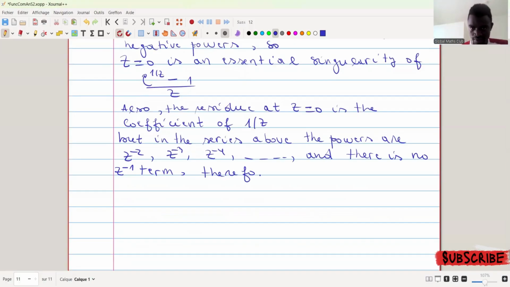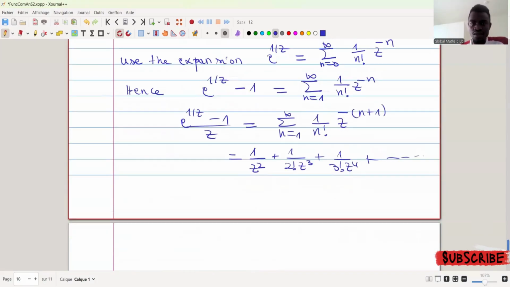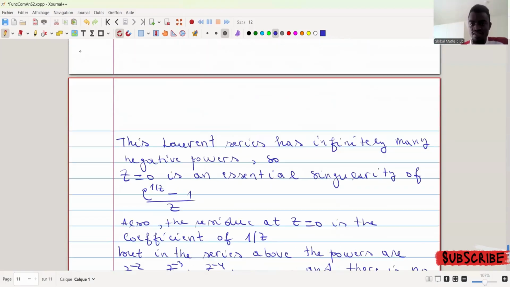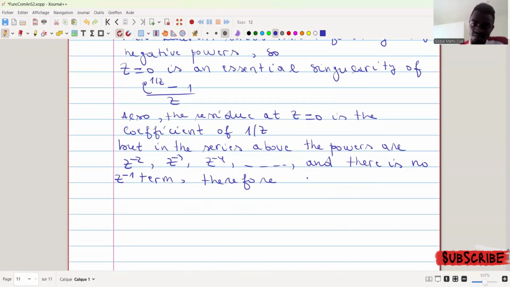Therefore, that coefficient is 0. So the residue at z equal to 0, which is an essential singularity: we know that for an essential singularity, the residue is the coefficient a minus 1. This coefficient is 0 because a minus 1 should be the coefficient of z negative 1, or 1 over z.